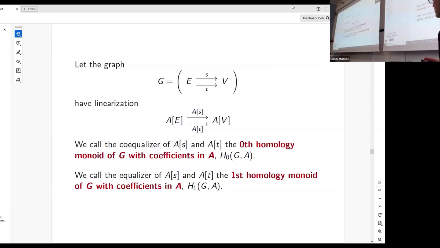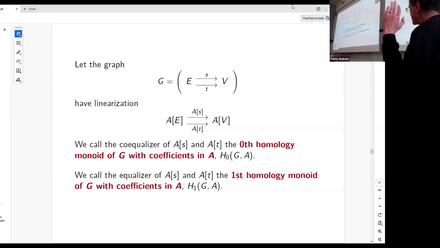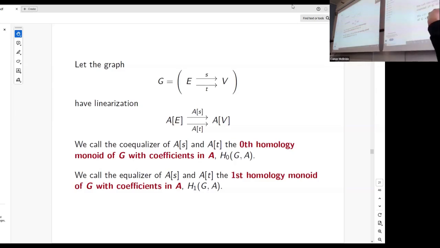The co-equalizer of this is called the zeroth homology monoid of your graph with coefficients in A. People are very familiar with this in algebraic topology when A is an abelian group. And you could take the equalizer and you get something called the first homology monoid of your graph with coefficients in A. And that's the one I actually want to talk about, because that will help us understand feedback loops.